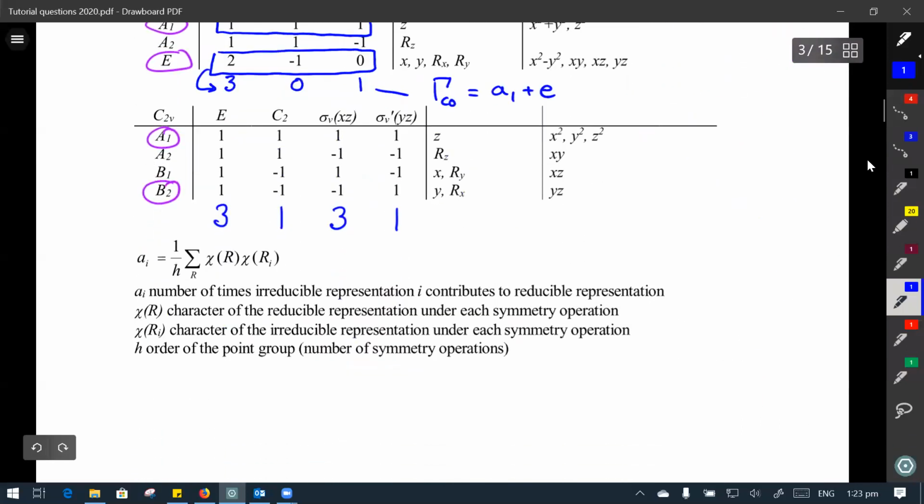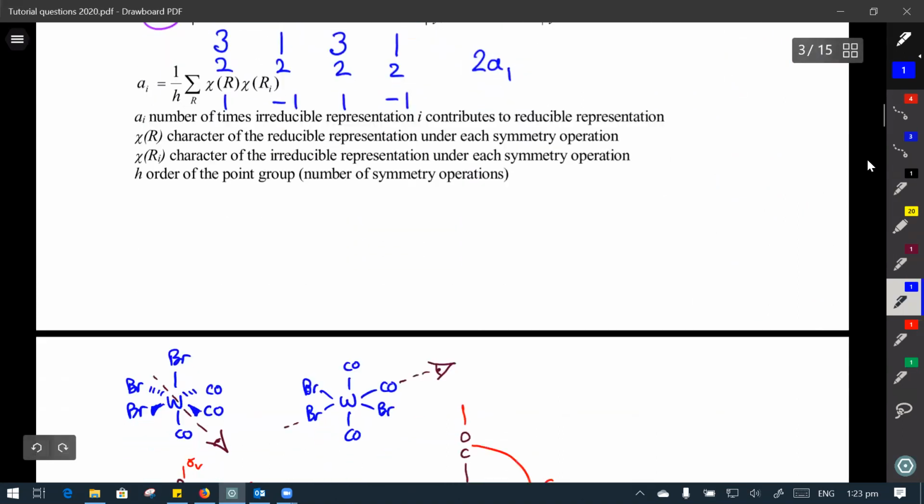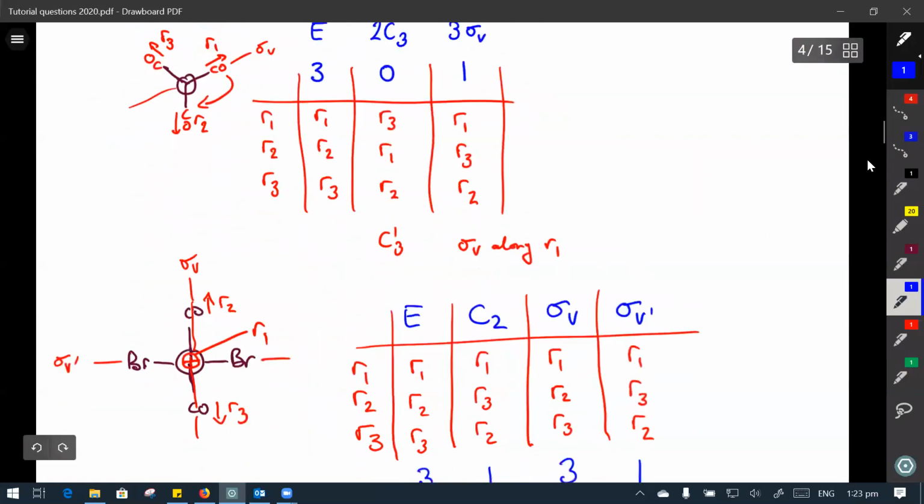It means that instead of having 2A1 plus B2, what you actually have is 2A1. That's going to be, if you think about it, 2, 2, 2, 2. And then what you've got left is 1, minus 1, 1, minus 1. So it's actually B1 in this particular case. But that's only happened because of the way I defined these two axes.